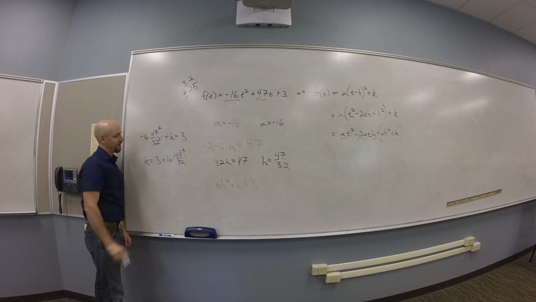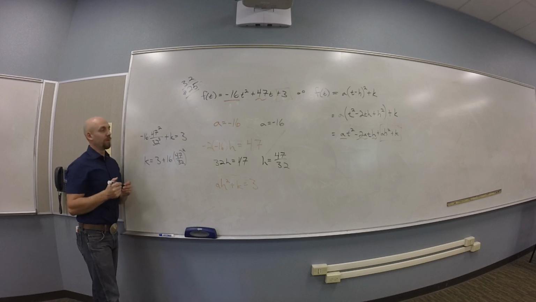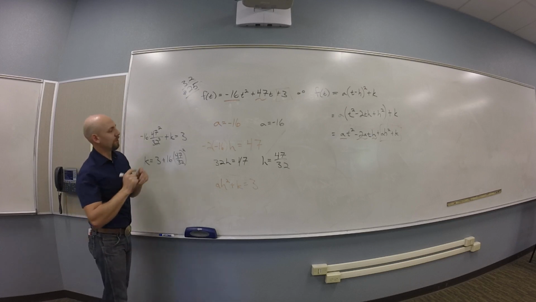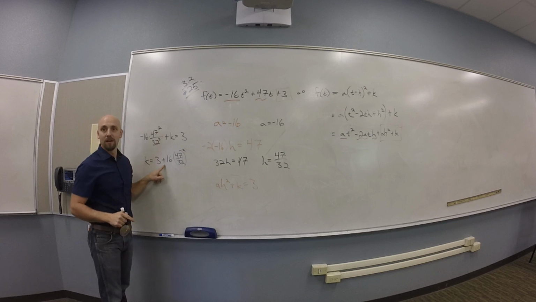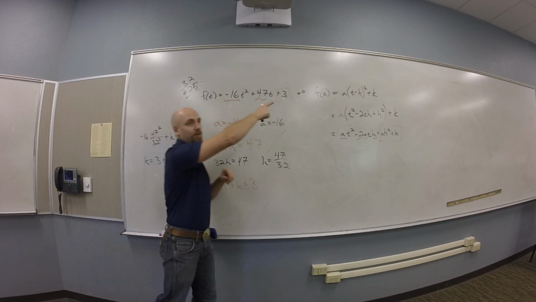I was going to simplify that, but never mind. So what do you do with a, h, and k? Plug them all into the vertex form.